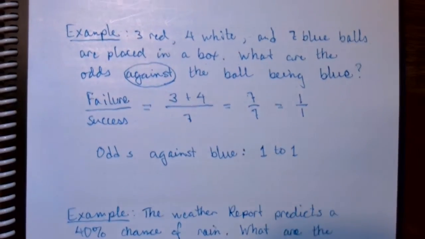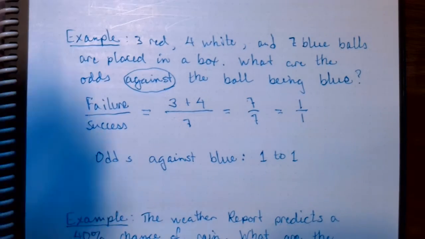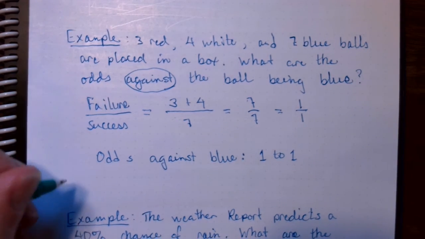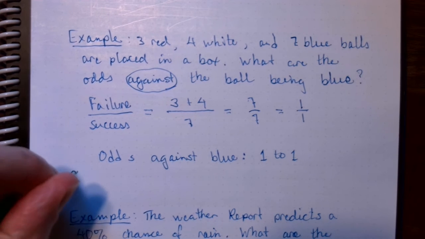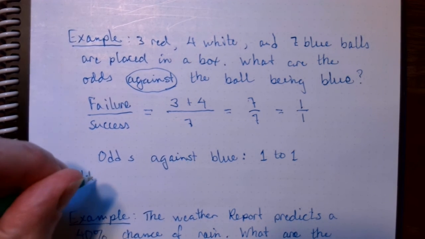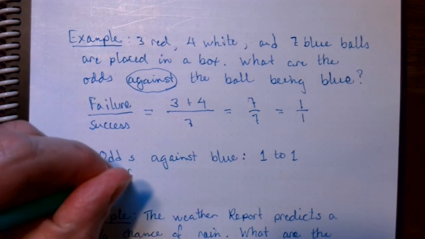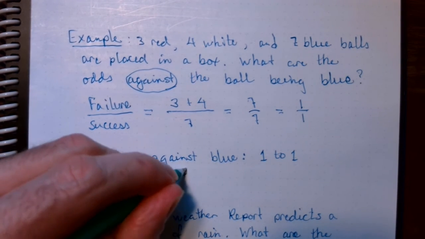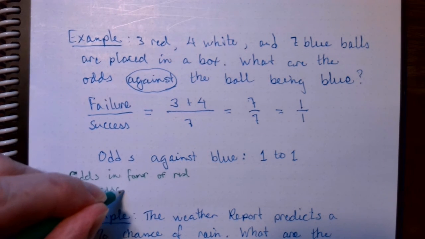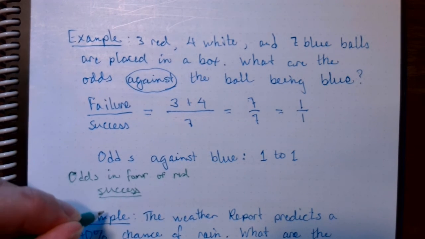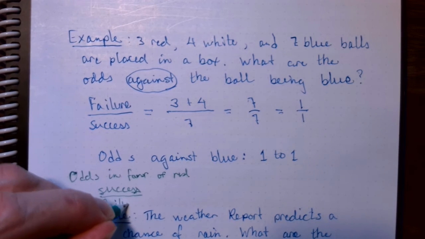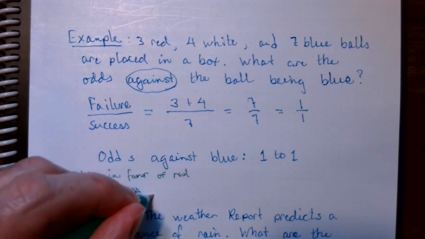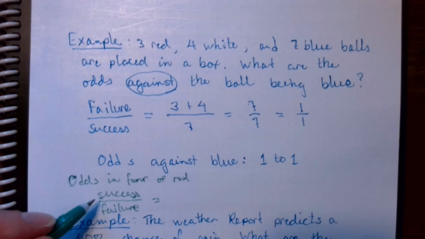Actually, you know what? I want to do an additional one with this urn. Let's talk about the odds in favor of red. Okay, so we're talking about success to failure. Okay, so how many reds do we have?